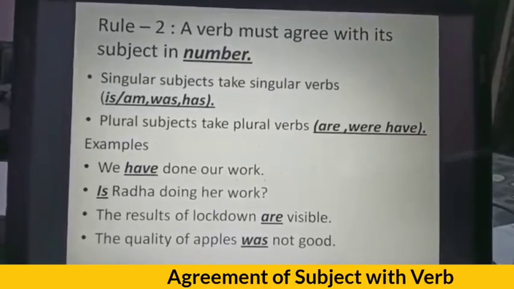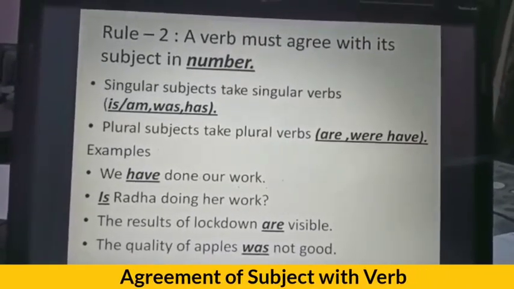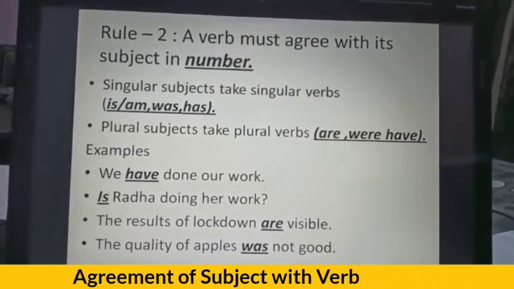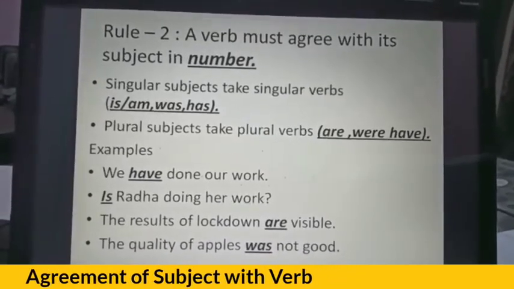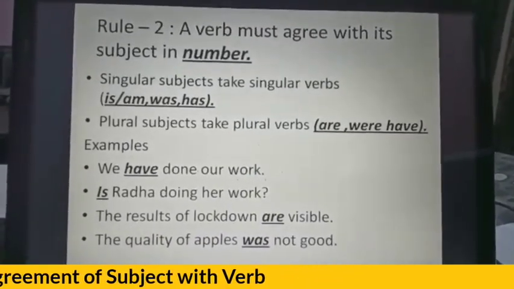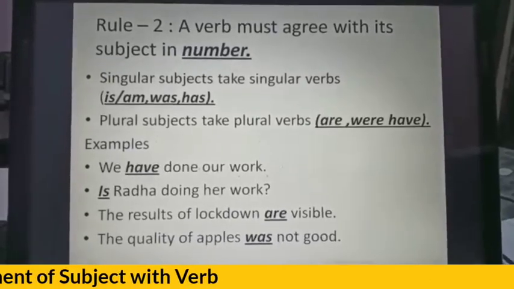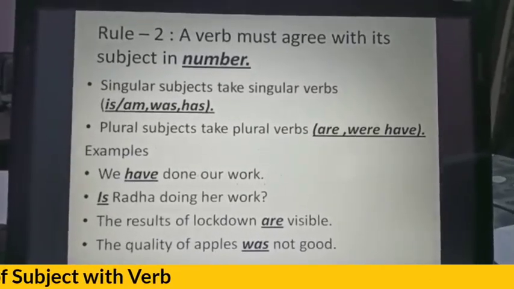And with we, they and any other plural nouns and pronouns, we always use are, were and have. With I, we always use am, and with you, we always use have.